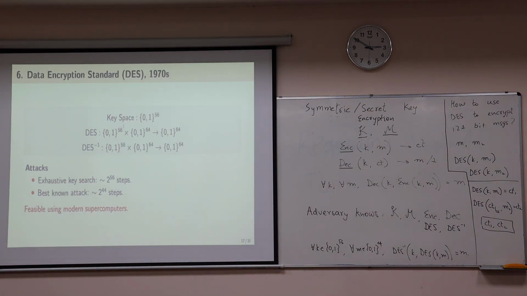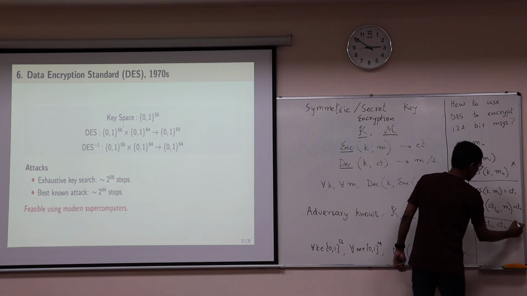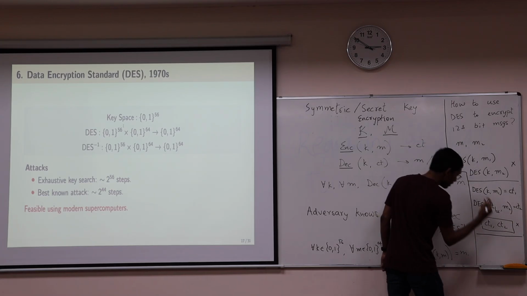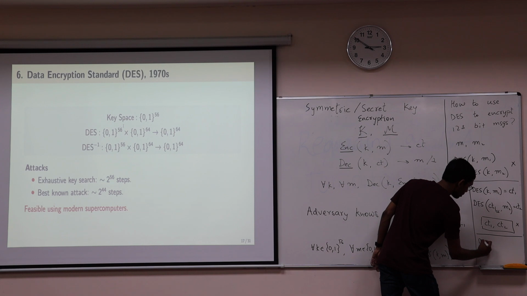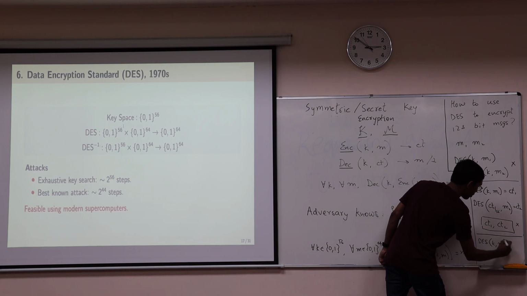Any other proposals? Can't we just shift the key, like rotate, like the first bit becomes the second bit and so on? Yeah. So these two schemes, you can learn something about M1 and M2. But here's a third proposal. Maybe what you could do is, let's take DES(K, M1).